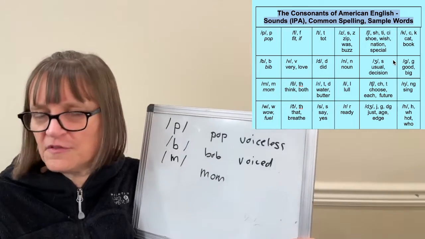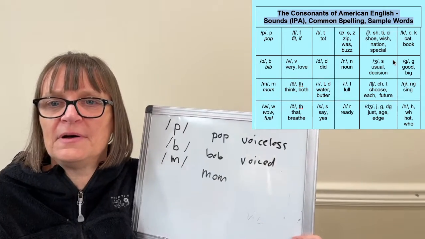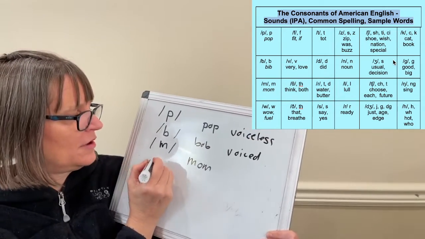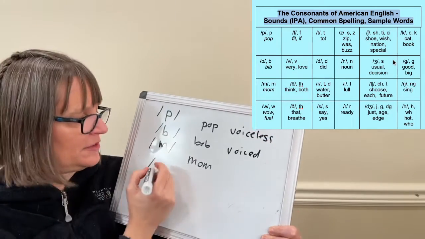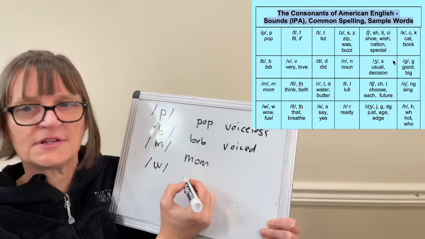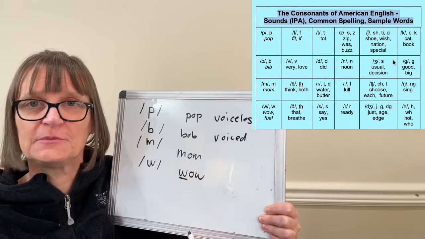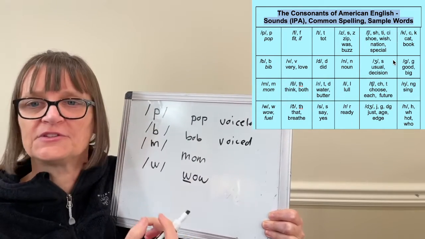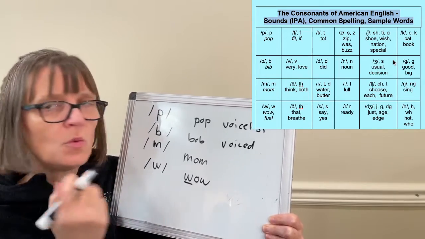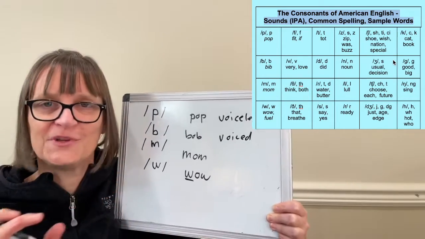So let's go through. We've talked about the p, the b, and the m. Let's talk about one more front of the mouth sound with both lips, which is our w sound, like in wow. So often spelled with letter W, but it's also in a word like fuel, wool. It can kind of come between two vowels.